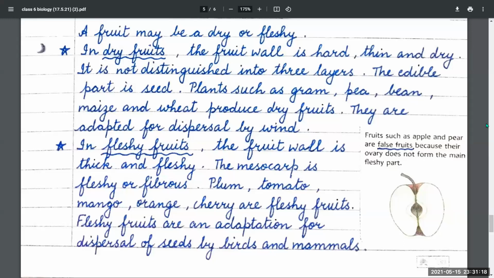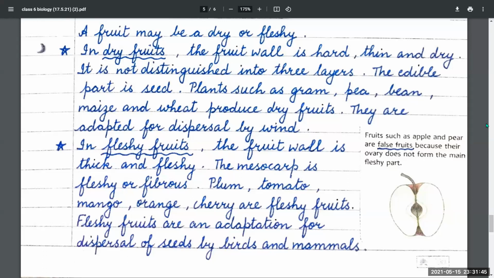A fruit may be dry or fleshy. In dry fruits, the fruit wall is hard, thin, and dry. It is not distinguished into the three layers: epicarp, mesocarp, and endocarp.